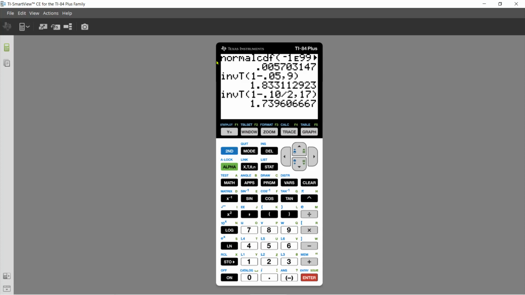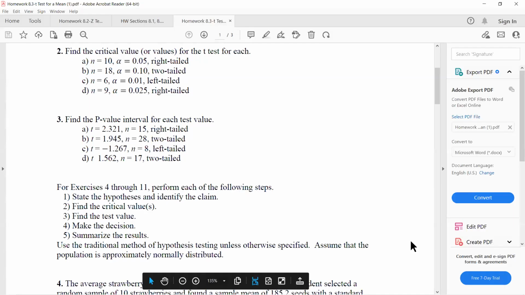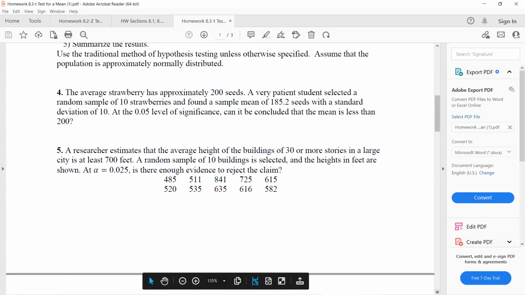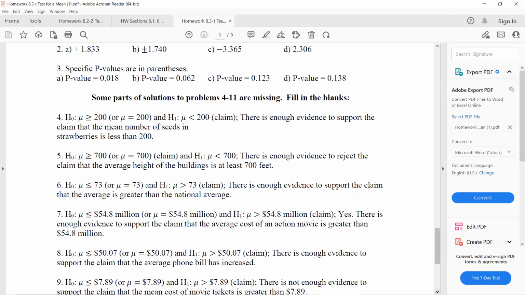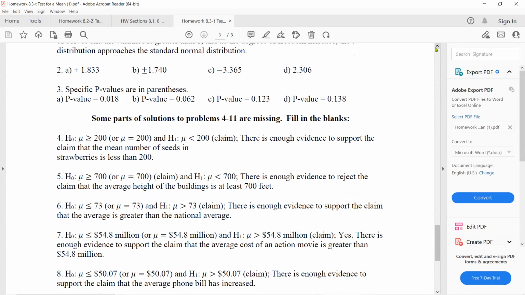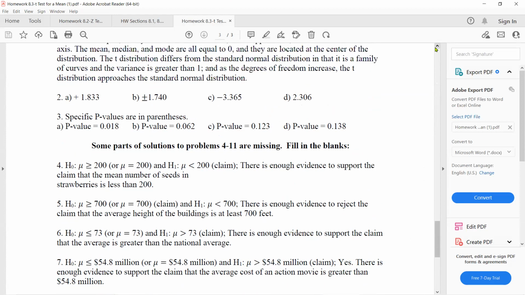So now that's my inverse T function. And that matches, let's see, plus or minus 1.740, which matches the key. All right, we have 2 more.